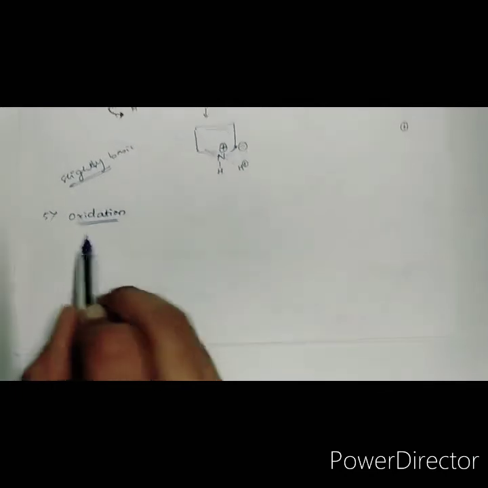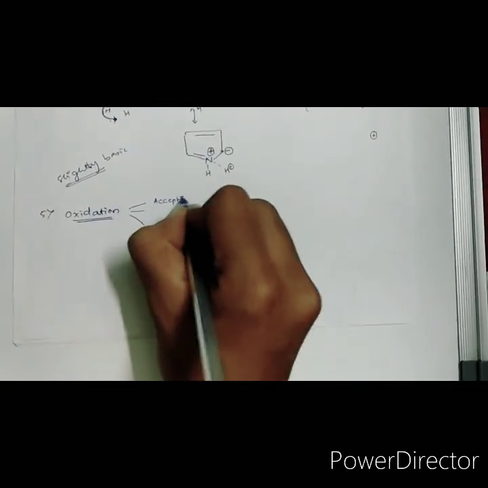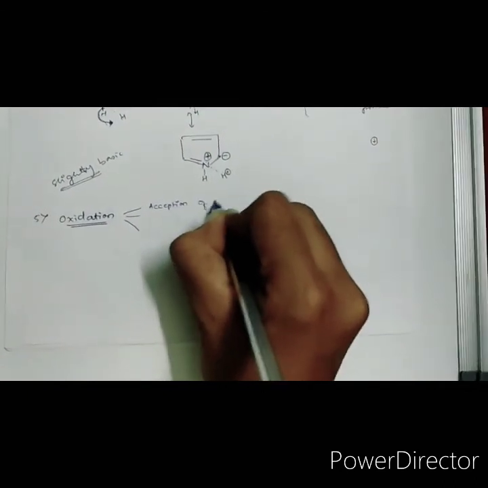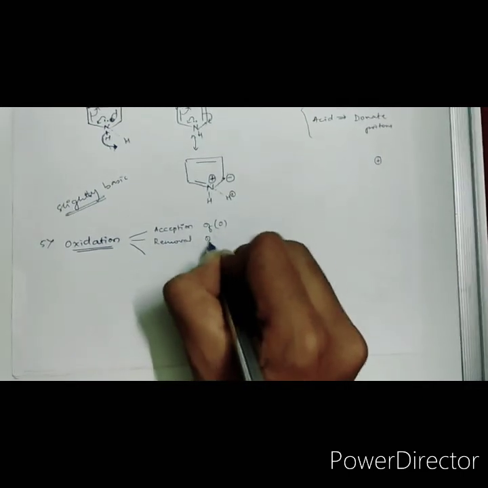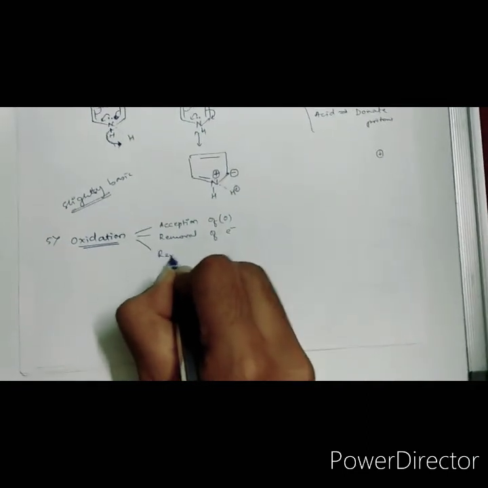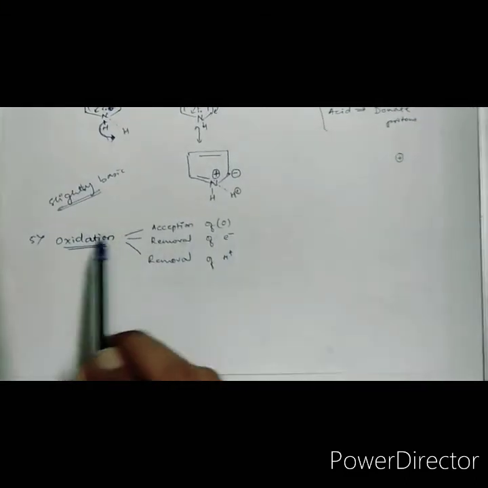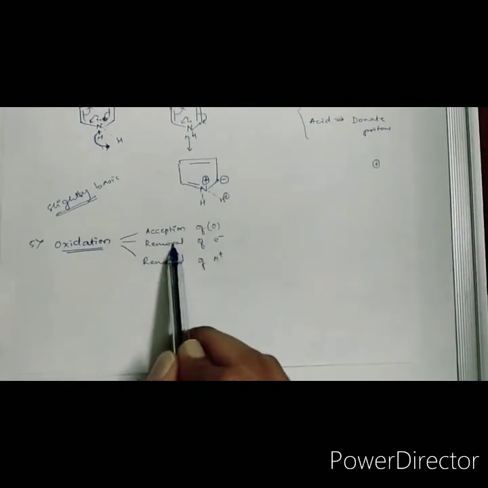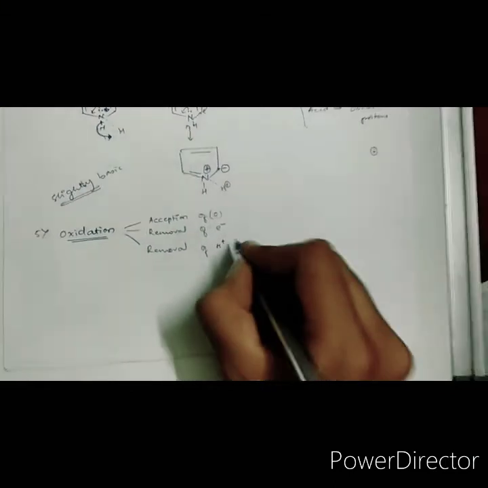So now let us see the oxidation reaction of the pyrrole. What do you mean by oxidation? Oxidation has 3 different meanings: either addition of oxygen, or removal of electrons, or removal of protons, or you can say removal of hydrogens.